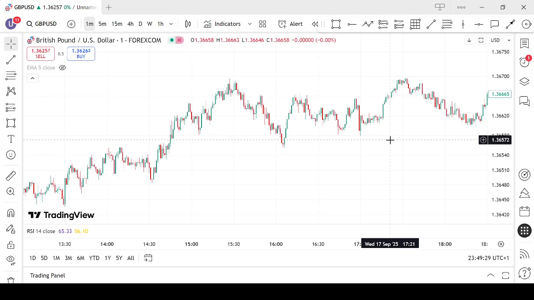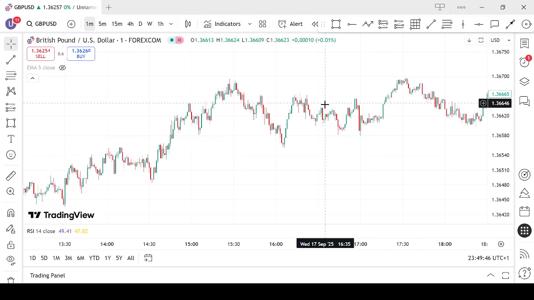For example, a moving average can tell you if the price is trending up or down by showing if the short-term moving average crosses above or below the longer-term moving average. You can use this as a signal to enter a trade in the direction of the market.